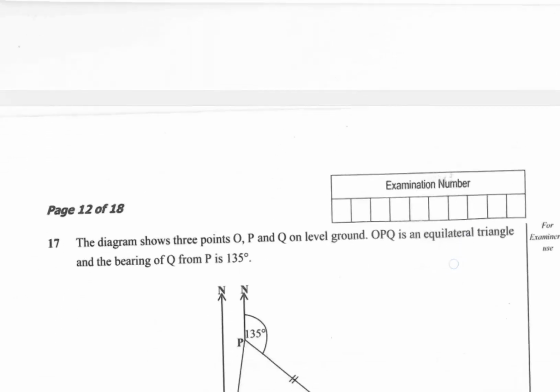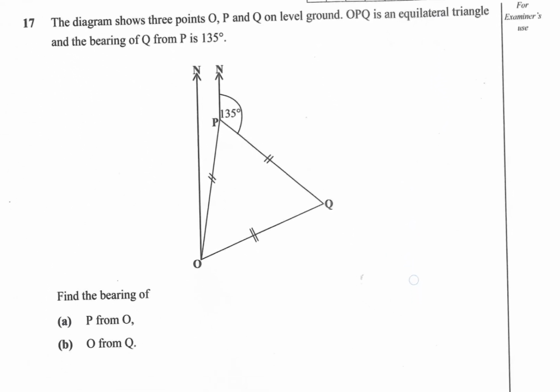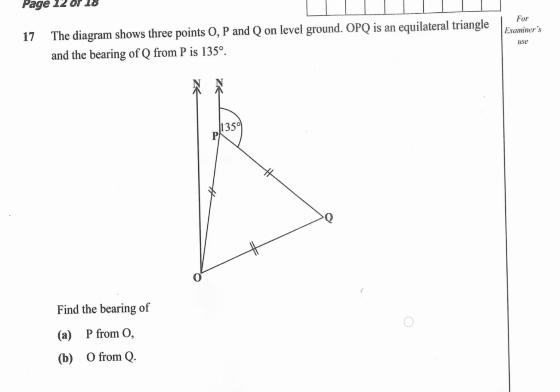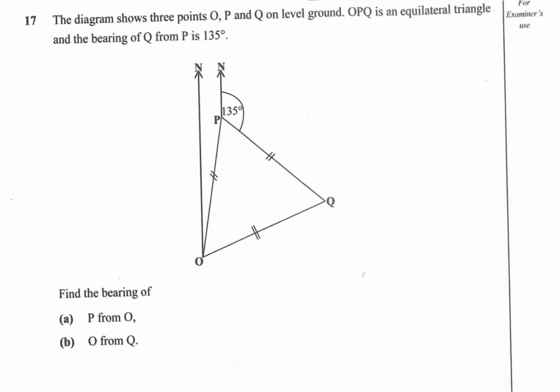Then let us look at the other question now. Question 17. The diagram shows the 3 points O, P and Q on the level ground. OPQ is an equilateral triangle and the bearing of Q from P is 135.